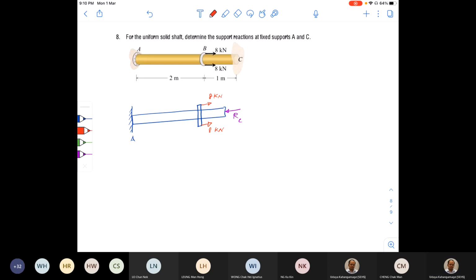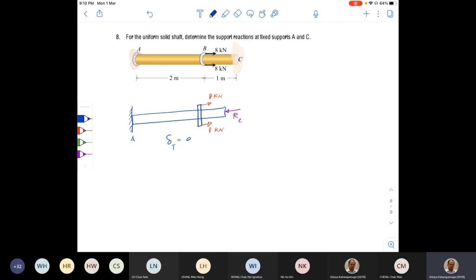And the total elongation of this system is restricted. Even though we apply the force, it is not going to elongate. So if you want to find the total elongation delta T, it should be equal to 0, right? Because A and C are fixed supports.